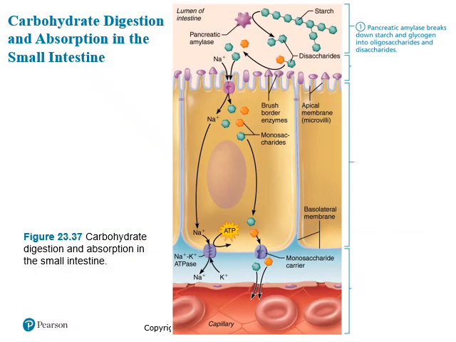And right here gives us the steps of starch digestion in the intestine. The pancreatic amylase would break down starch or glycogen that escapes salivary amylase into oligosaccharides and disaccharides.